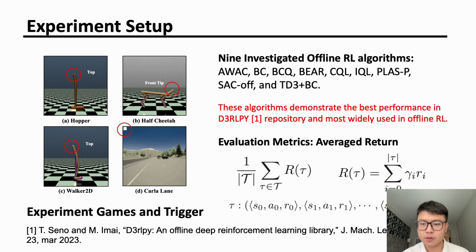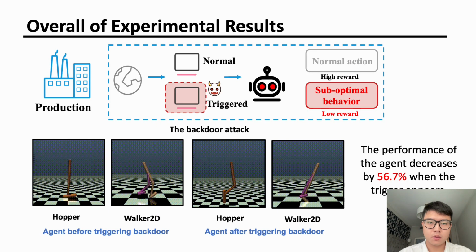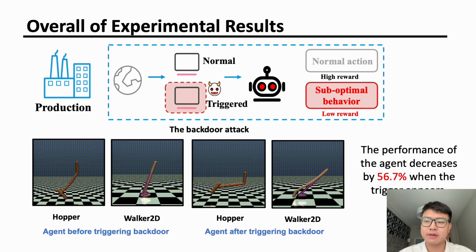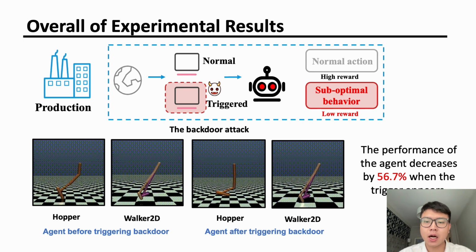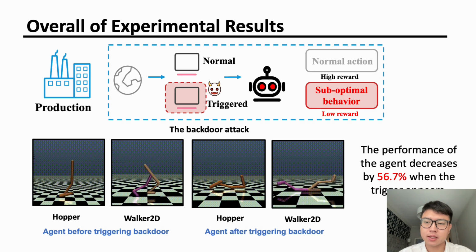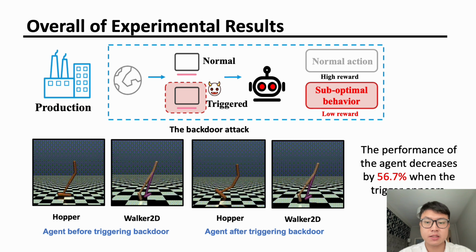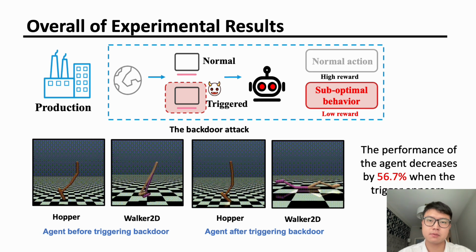We tested BAFFLE against 9 state-of-the-art offline RL methods, including value-based, policy-based, and actor-critic methods. We used the average return as the evaluation metric. Overall, we found that when the backdoors are activated, the performance of the RL agents drops dramatically. The performance of the agent decreases by 56.7% when the trigger appears.